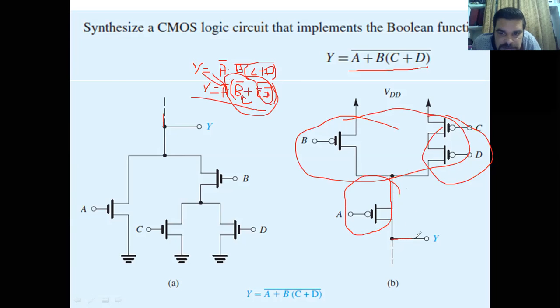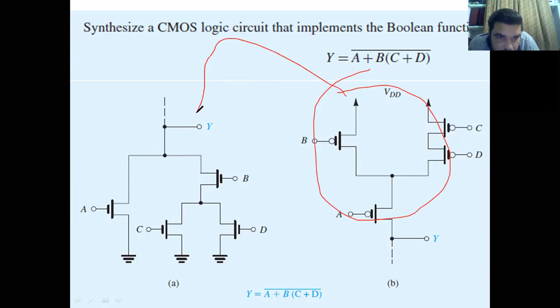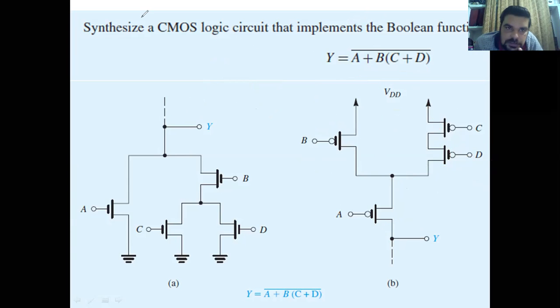So this is your pull up network. Okay. So if you append this pull up network above the pull down network, this is how CMOS logic is implemented. Okay. So this was all about your CMOS logic. You can do more and more exercises on this. Okay.